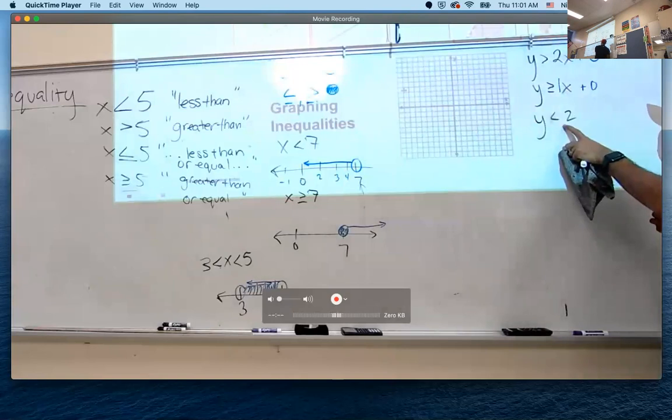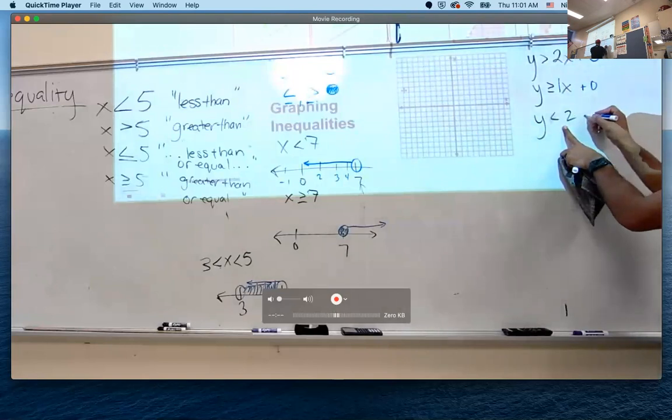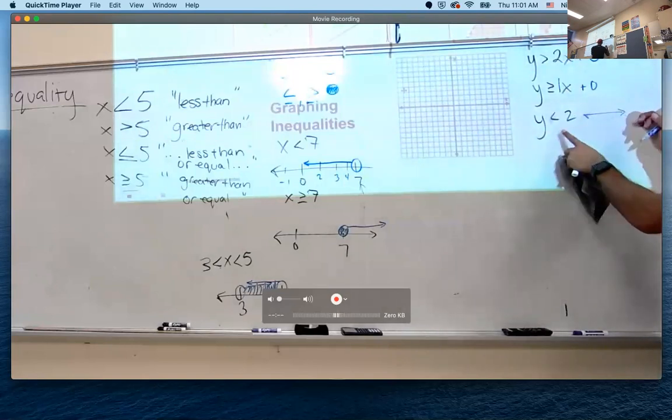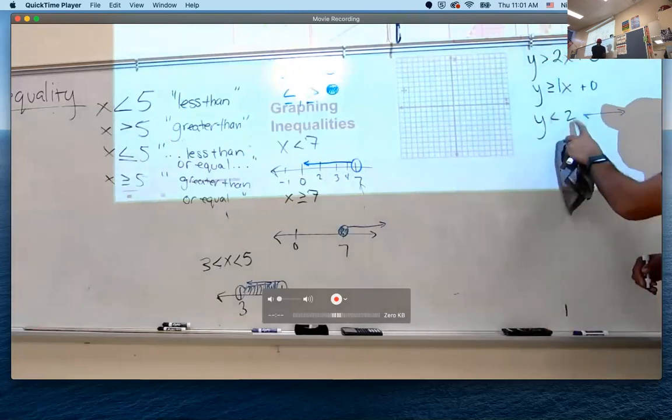Now this one, what's different about this one? It doesn't have x. What kind of line is this? You guys know? Dash. Not down. This is straight across, at 2.